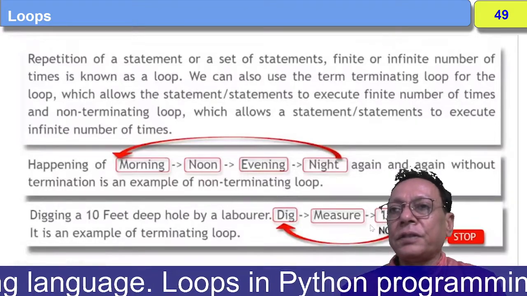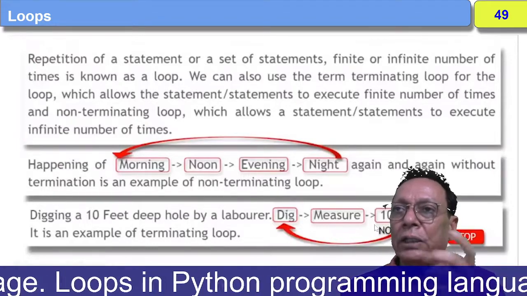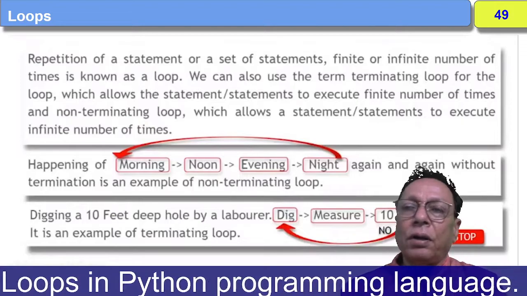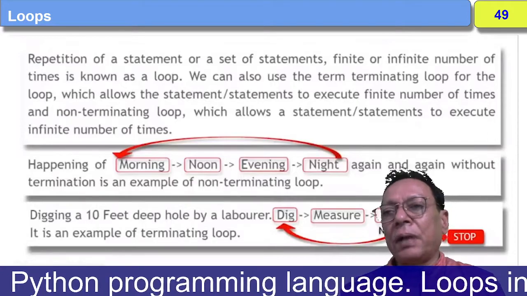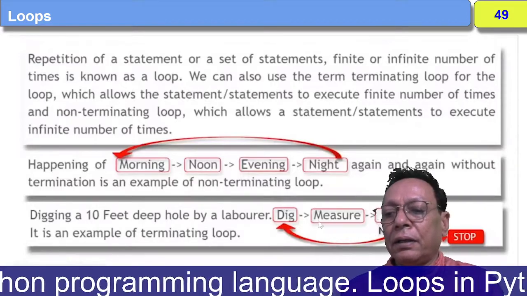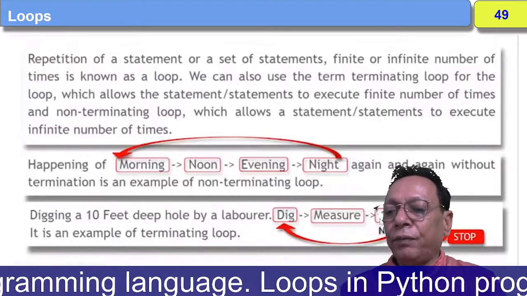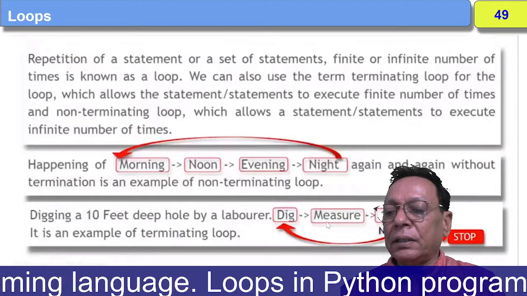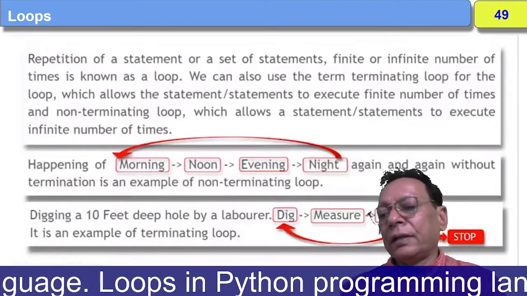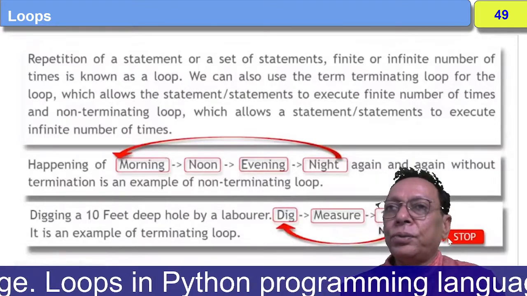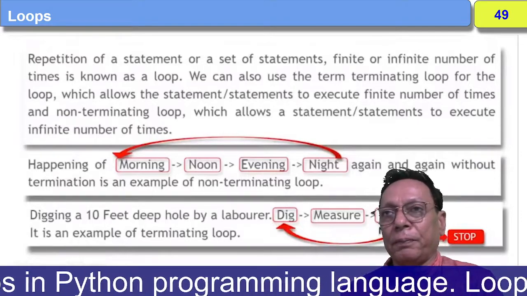Then if this is 10 feet, then it stops. Otherwise, if this is not 10 feet, then it will process the same system again. Dig, measure, then check 10 feet, yes or no. If no, then again dig, measure, check whether 10 feet or no. If 10 feet, then stop. So this is the concept of repetitions or looping.